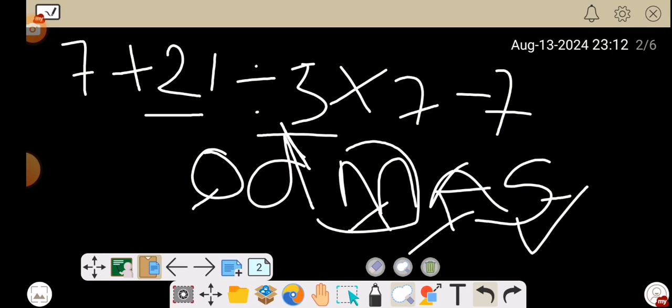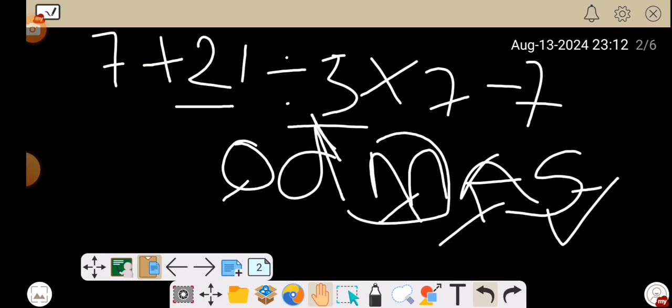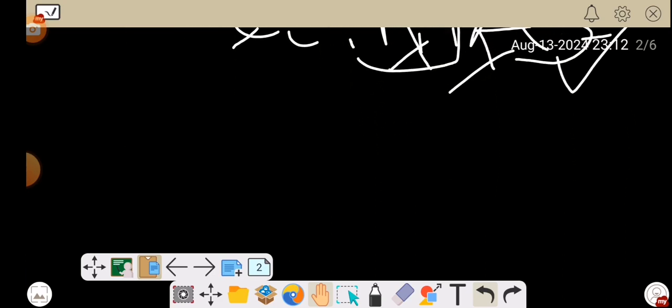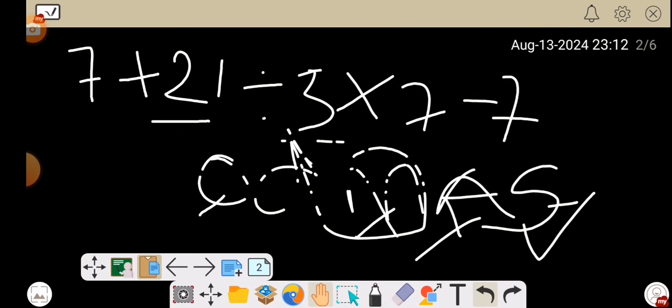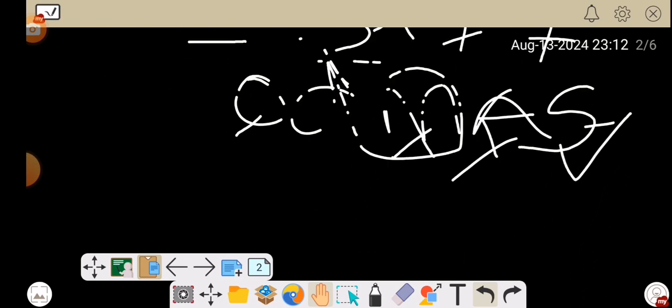Let me erase this. Our part having division is just between 21 and 3. Let us copy our question, and from there we shall solve it together. The question says 7 plus 21 divided by 3 multiplied by 7 minus 7.